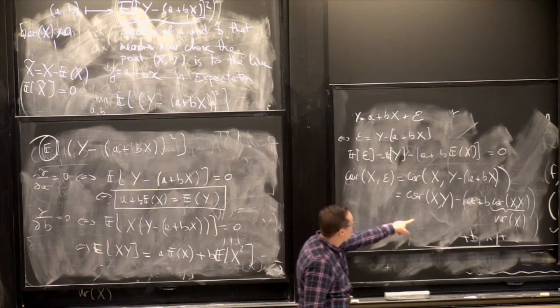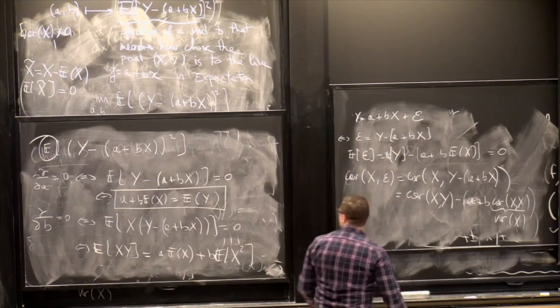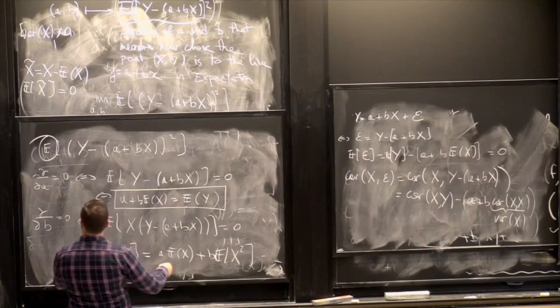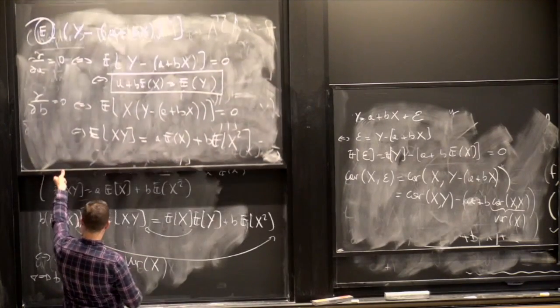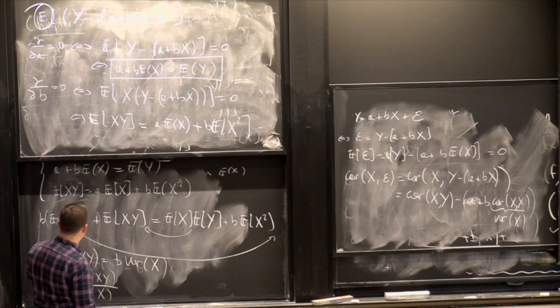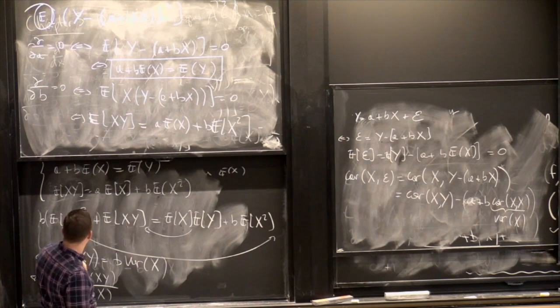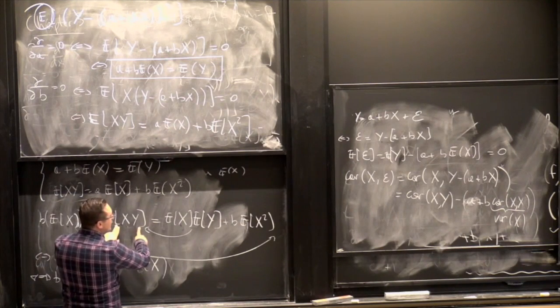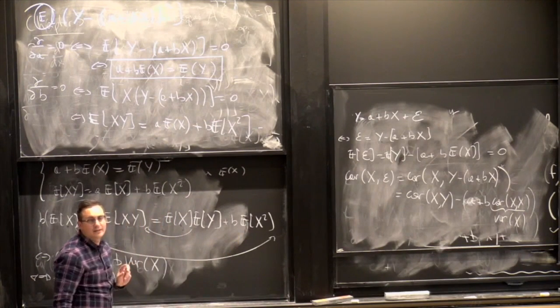Covariance of xy minus (a plus b) variance of x. So here I have covariance of xy is equal to b variance of x, right?